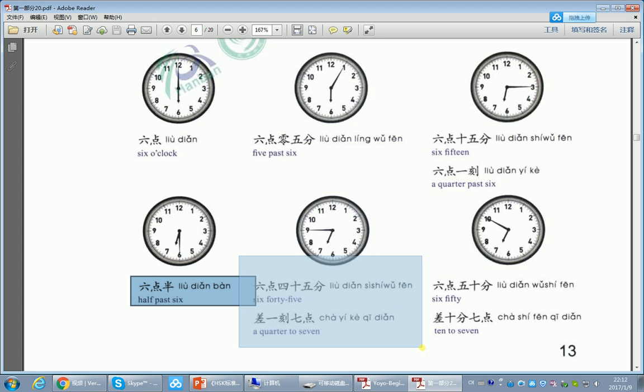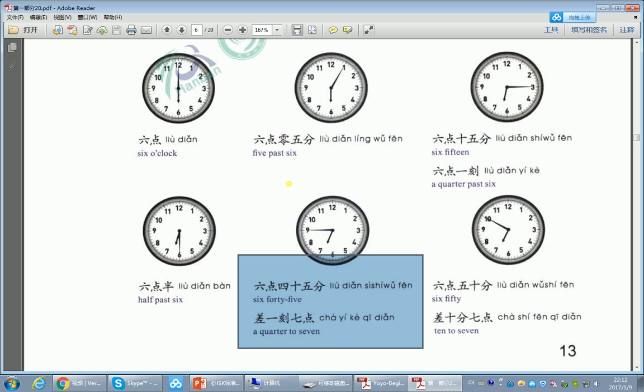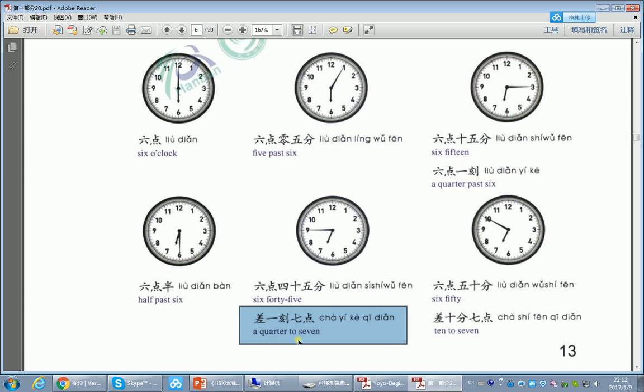And there are 2 ways to read this time. 6:45 you can read it 6点45分, and this way we often use it. It is a quarter to 7, 差1刻7点. Remember 差1刻7点.